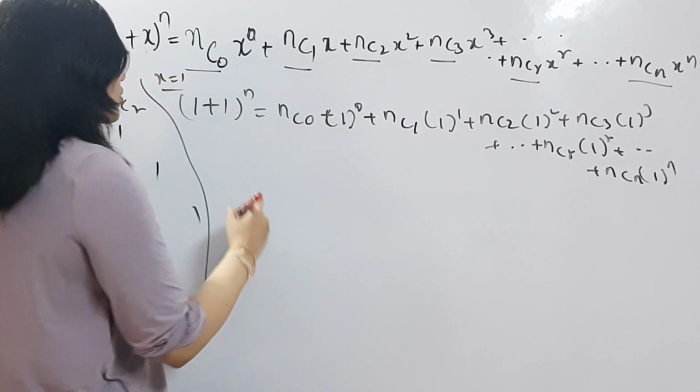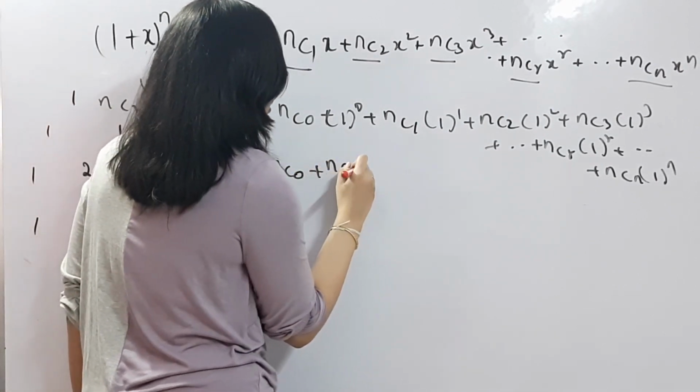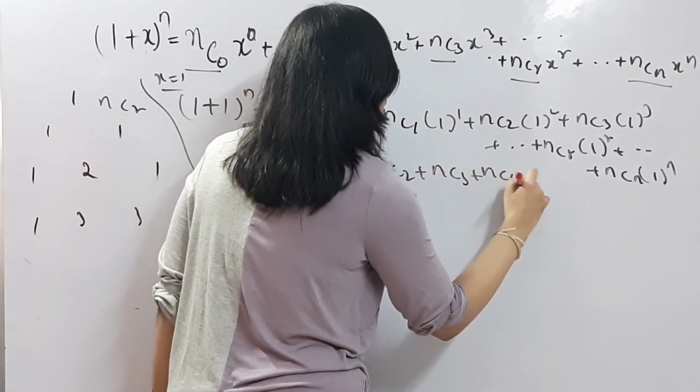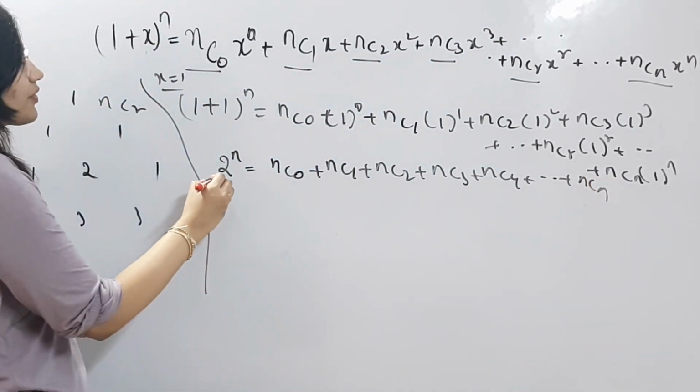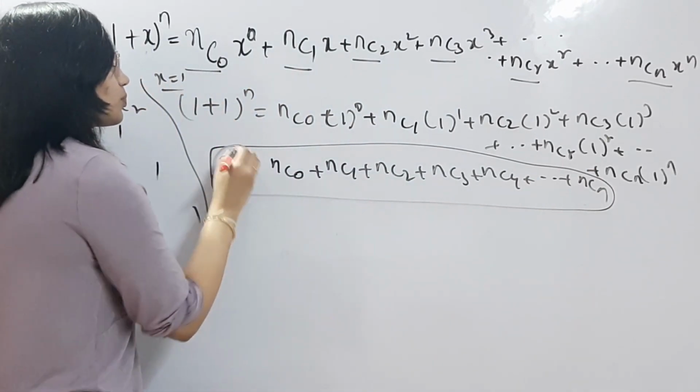Right? So in short, can we not say 2^n = nC0 + nC1 + nC2 + nC3 + nC4 and so on + nCn? Yes, that means the sum of the binomial coefficients is 2^n.